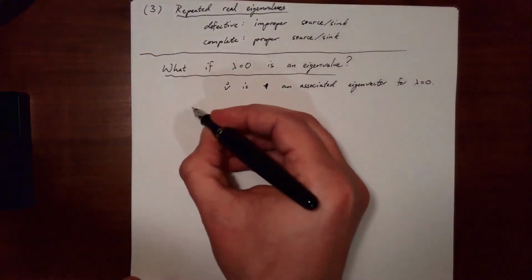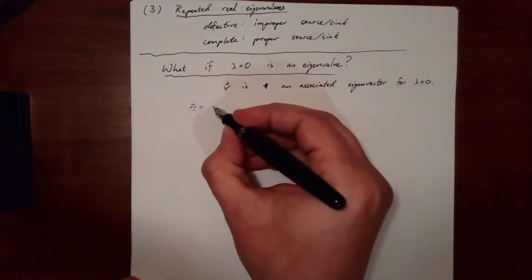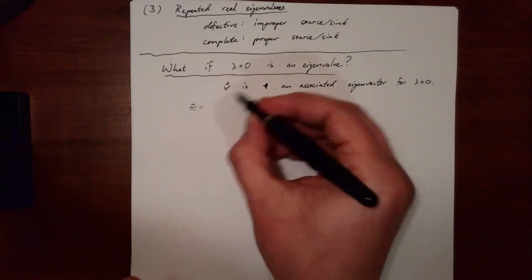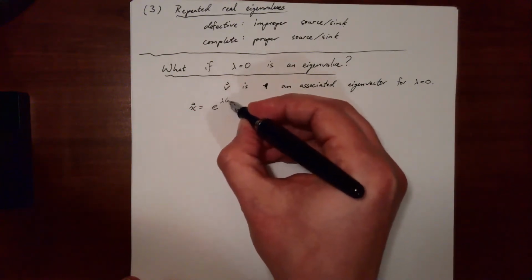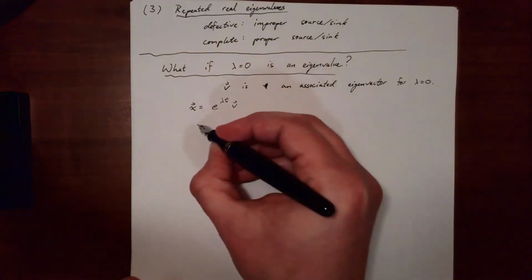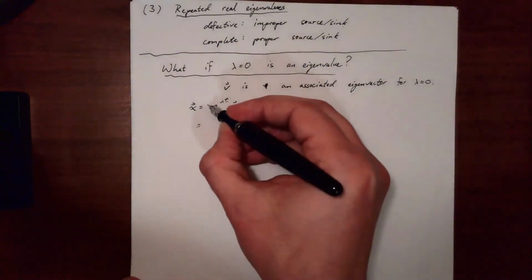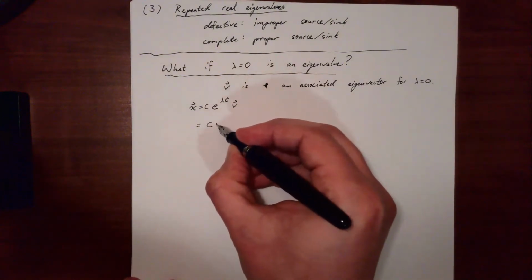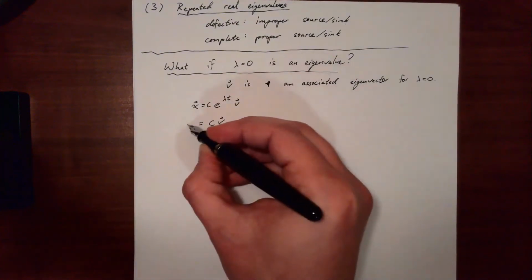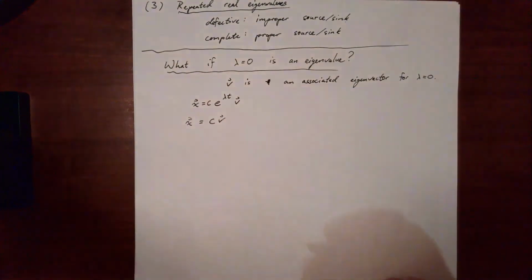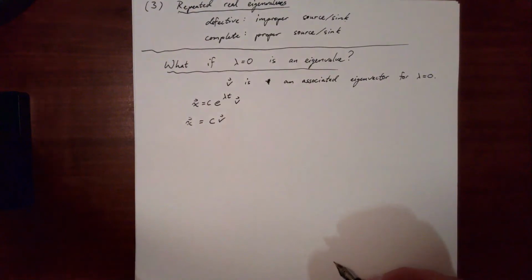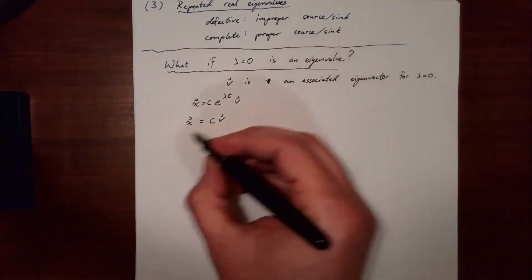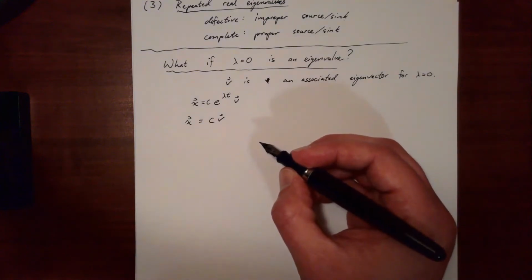Then think about the solution x equals just e to the lambda t times v, which will just be equal to c e to the lambda t times v. That's just going to be equal to cv. And this represents essentially a position that is not changing over time. So what this represents is a constant.